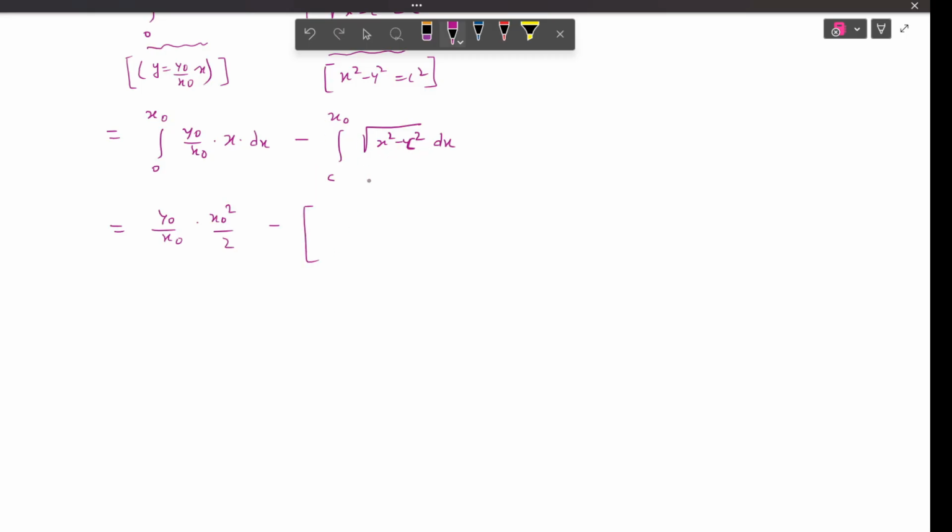let us apply this formula, square root of x square minus a square. The formula is x by 2 times the function, minus a square by 2, it is c square by 2 log of x plus the function, from c to x naught.